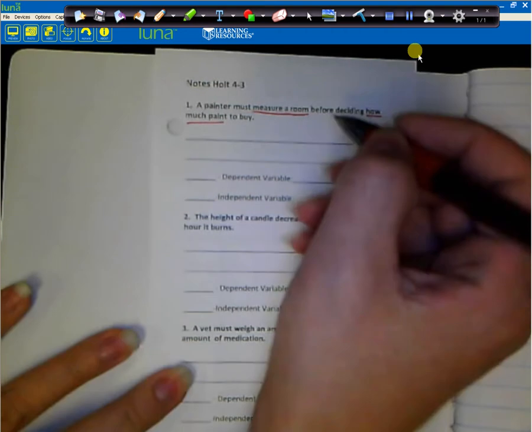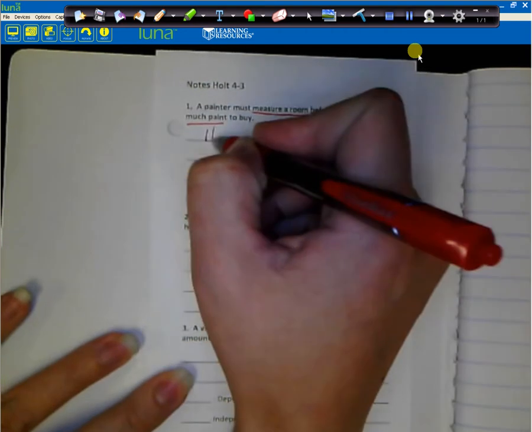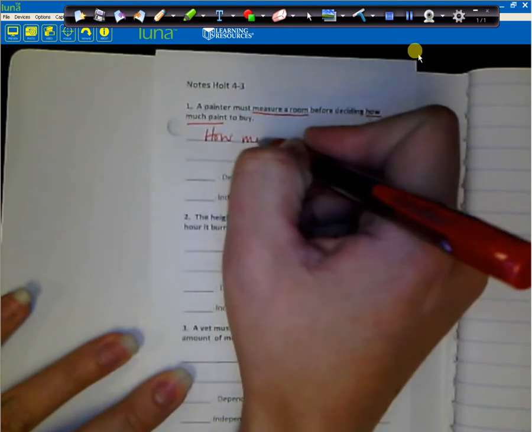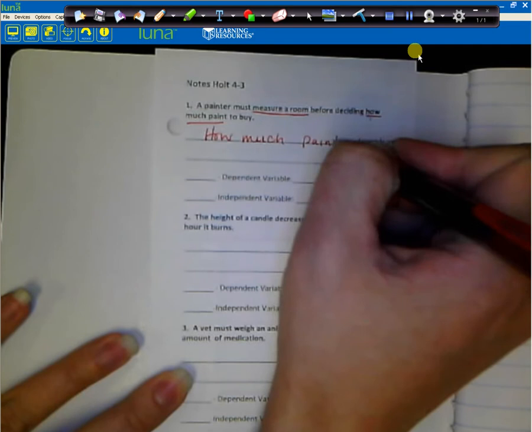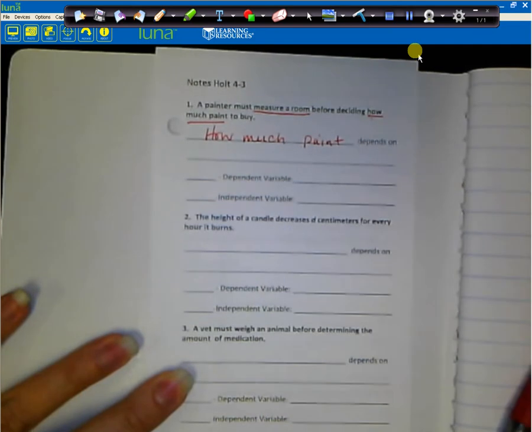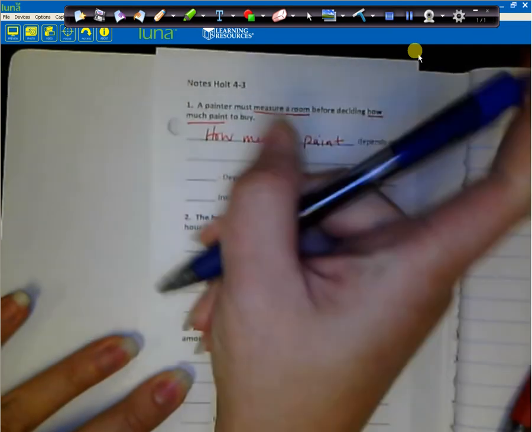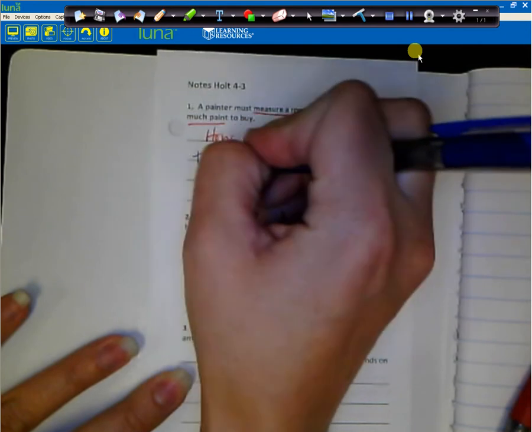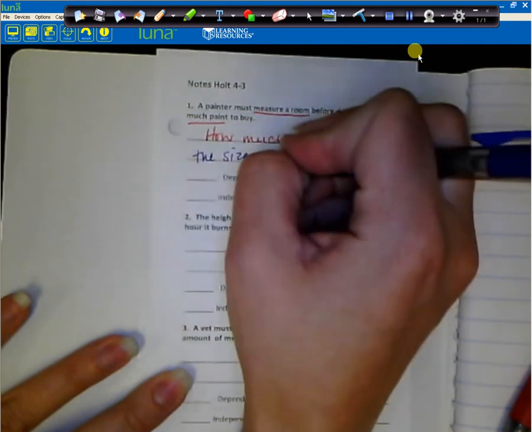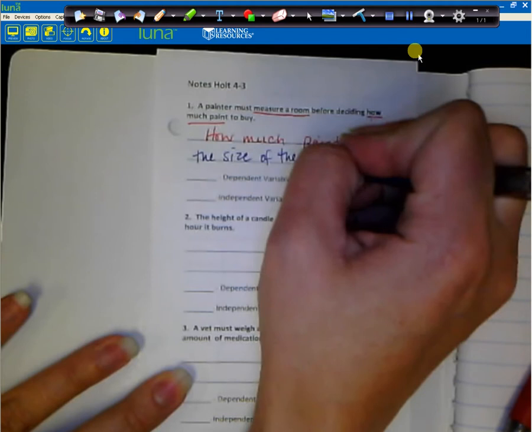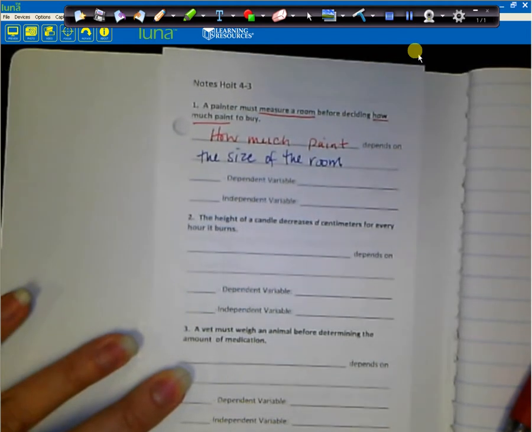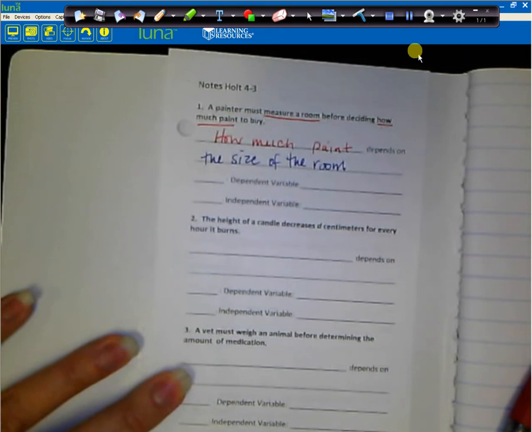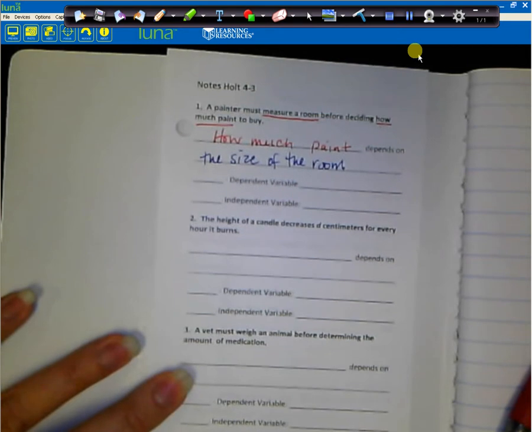So how much paint he needs depends upon the size of the room. For a bigger room, obviously he's going to need more paint. So how much paint he needs depends upon the size of the room.